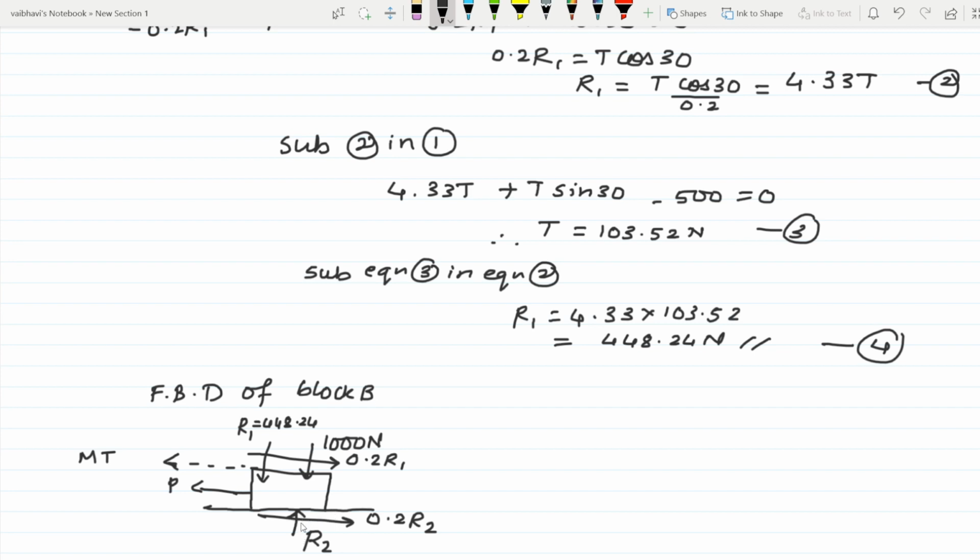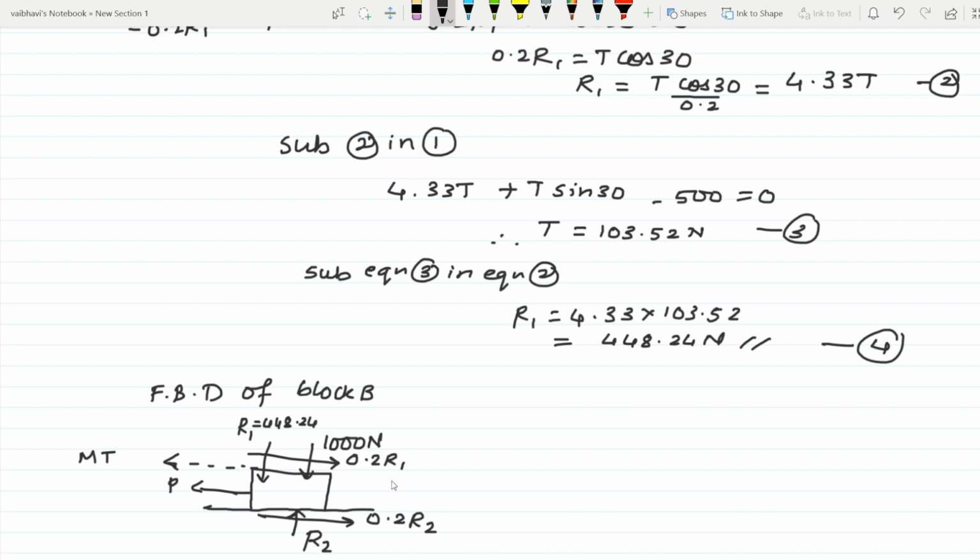From the ground surface there will be normal reaction R2, the self weight of the block 1000 Newton, and R1 from block A above. The frictional force between block A and block B is 0.2 R1, and between the ground and block B is 0.2 R2.